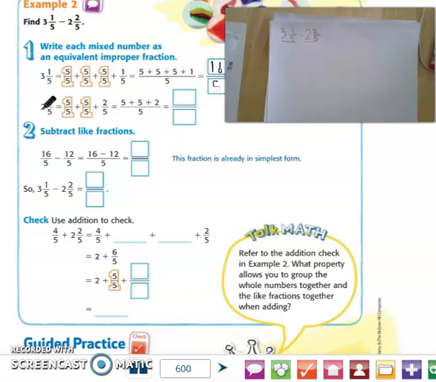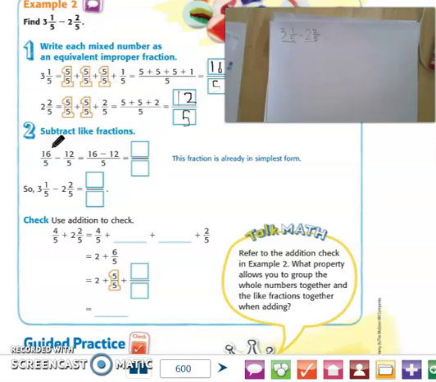Now I've got 2 2/5. The 2/5 just comes over here. 2 is written as 1 plus 1, which is also 5/5 plus 5/5. 5 plus 5 is 10. 10 plus 2 is 12. And our denominator is 5. So now I've got 16/5 is our improper fraction for 3 1/5, and 12/5 is our improper fraction for 2 2/5.